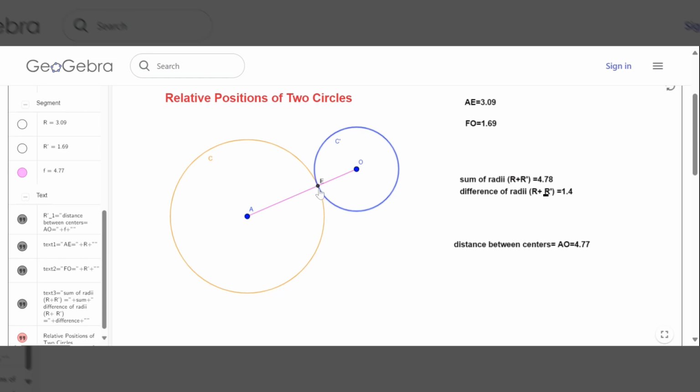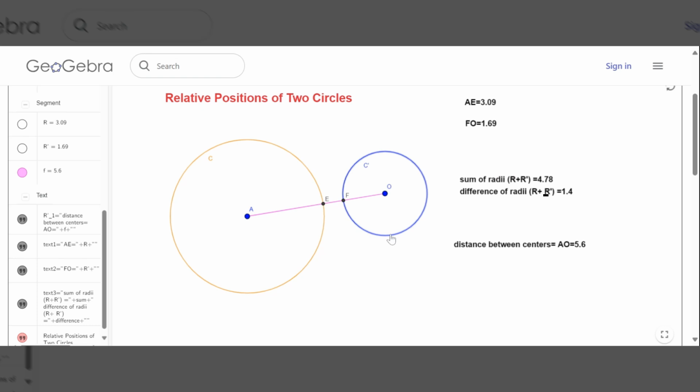Okay? These two circles could be secant circles. What is the meaning of secant? Secant means they are cutting each other in 2 points. So we have two common points. So what are the five different relative positions of any two circles?